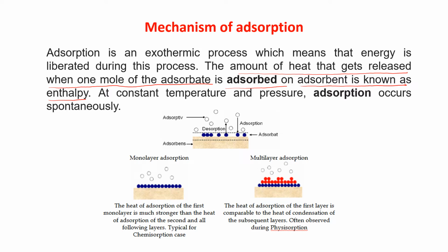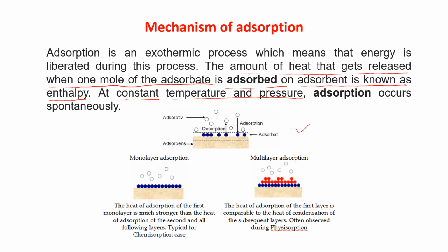Now, at constant temperature and pressure, adsorption occurs spontaneously. Adsorption can be of 2-3 types: monolayer adsorption, multilayer adsorption, chemisorption, physisorption. What are these things?